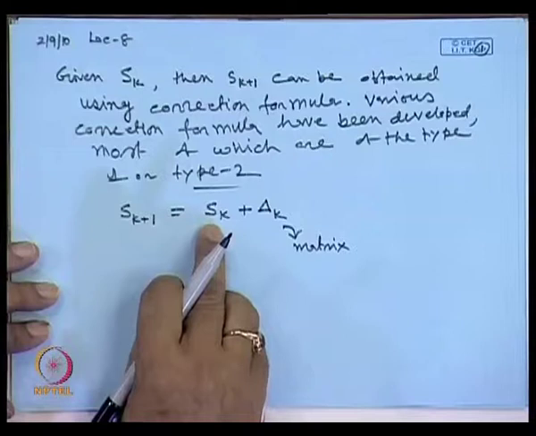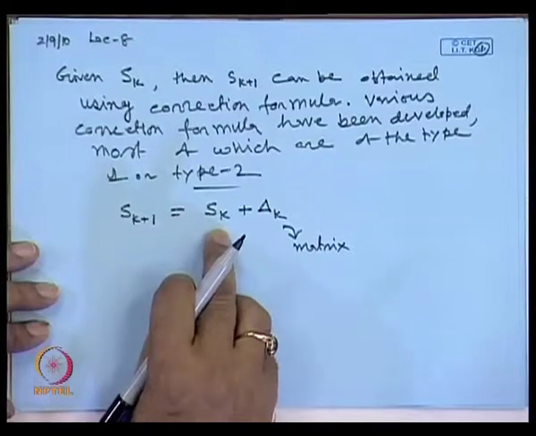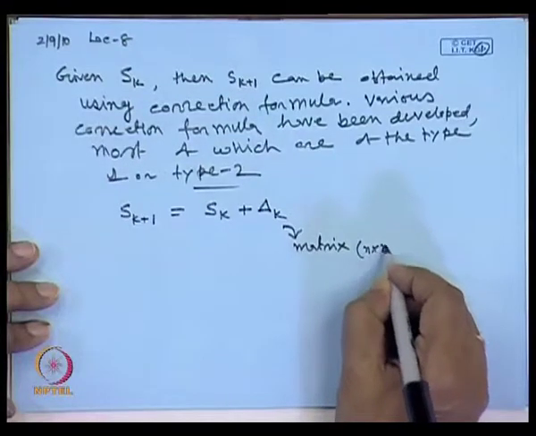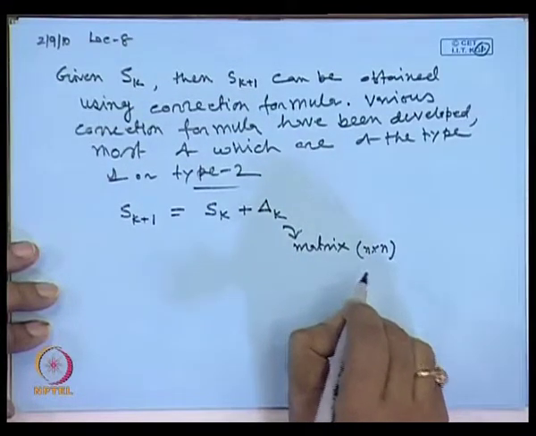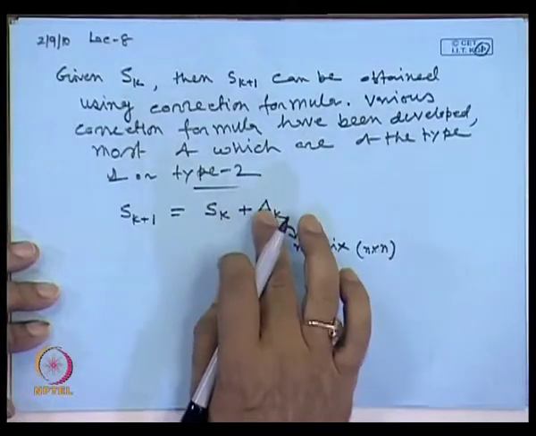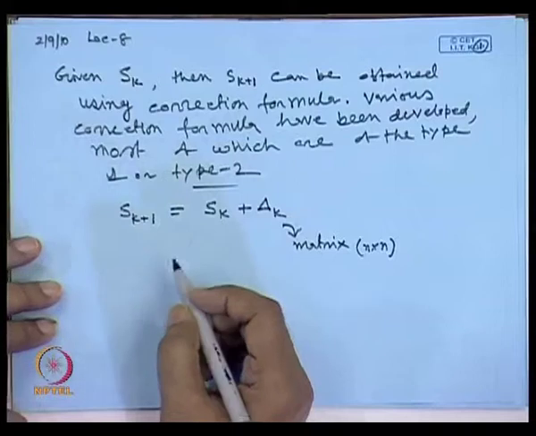of the same dimension as x k, and as you know the dimension is n by n; this matrix is also an n cross n matrix. Agree? And that matrix is a positive definite matrix. Agree?